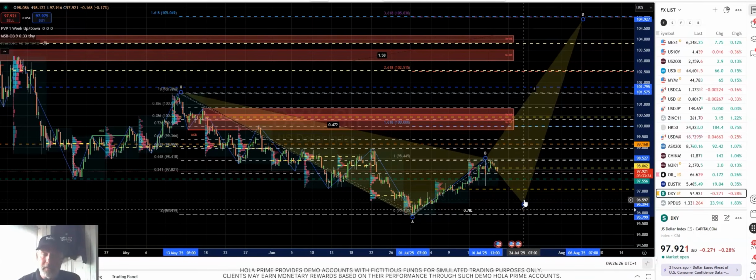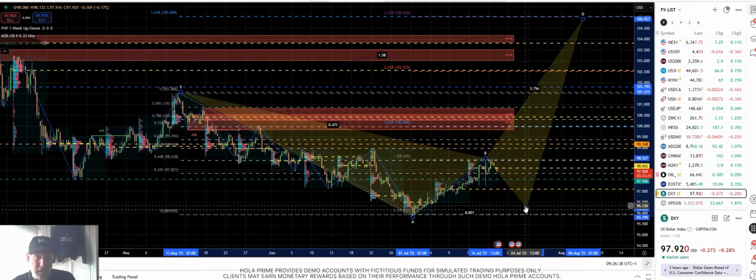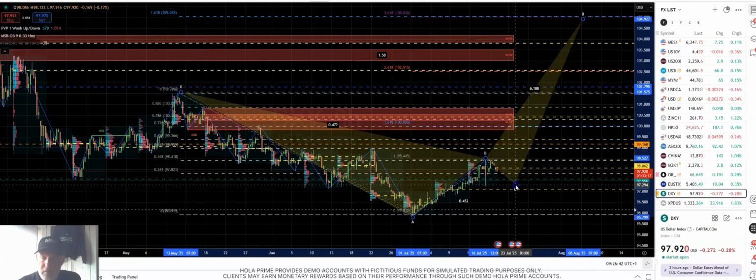The BC leg is quite a difficult leg to trade because it can retrace 88.6% of this last rally, or it can retrace 38.2% of the last rally, or theoretically anywhere in between, but those are the common retracement levels.